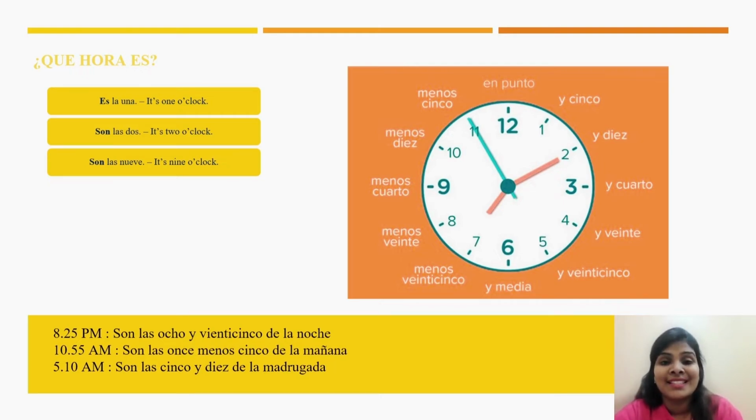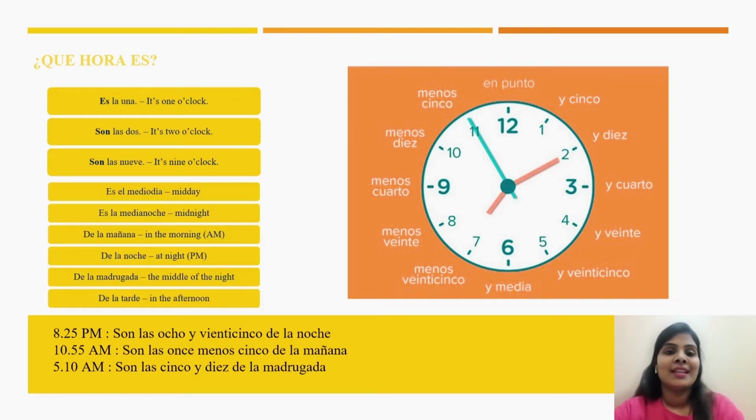So let's get started with something different. A clock shows similar time 2 times in the day. So 12 midday and 12 midnight. How do we call that?